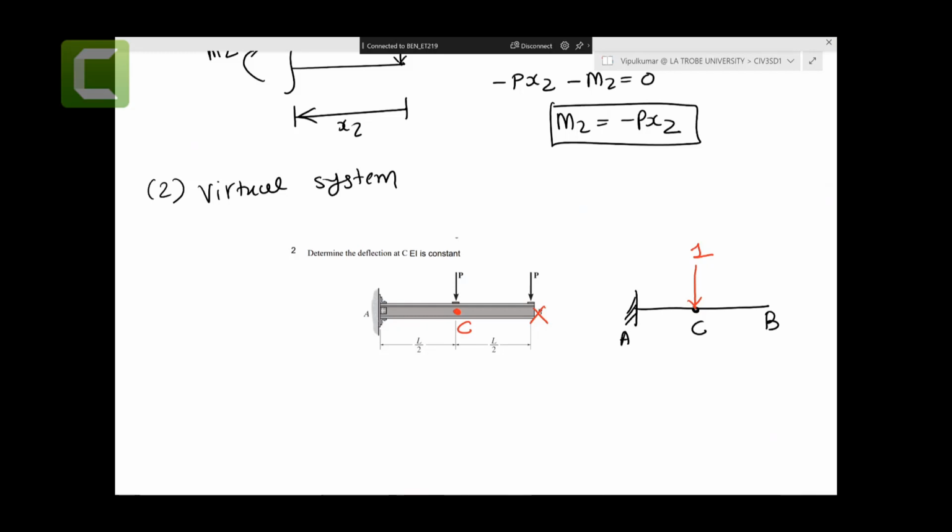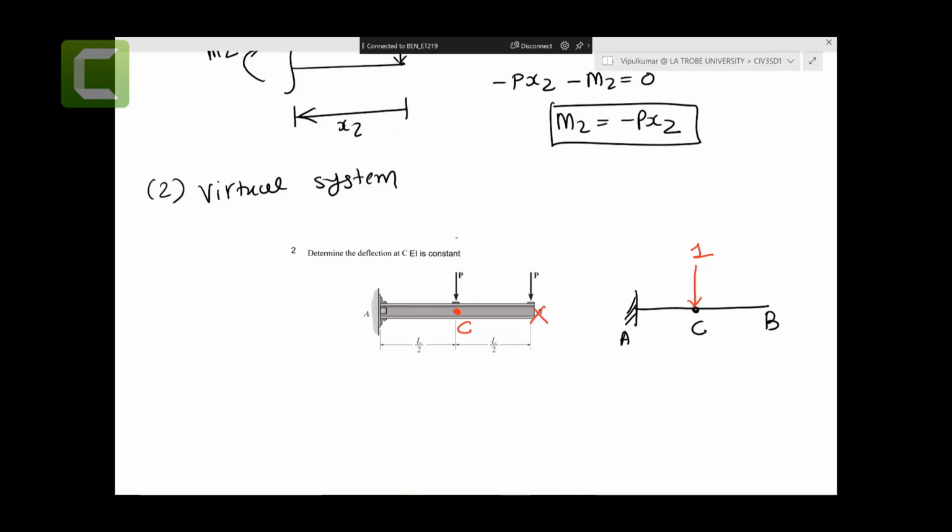If they ask you to find a displacement at point B, don't worry, you just put the 1 at point B. I put it down because that would be a downward displacement. If you put it upwards, what happens? Your answer would be negative. There's no issue.